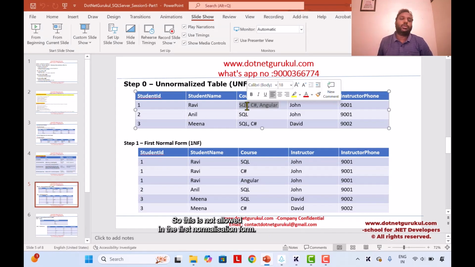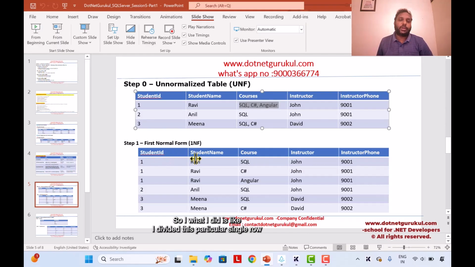This is not allowed in the first normalization form. So I divided this single row with comma separated values into three rows. Similarly here, 2 rows.